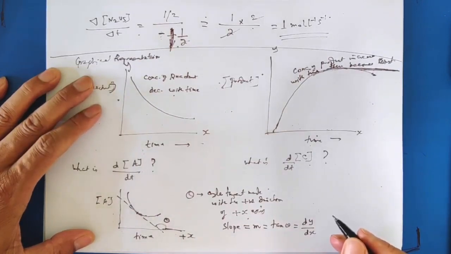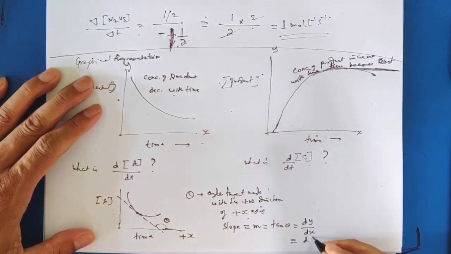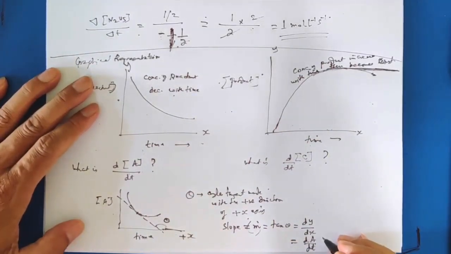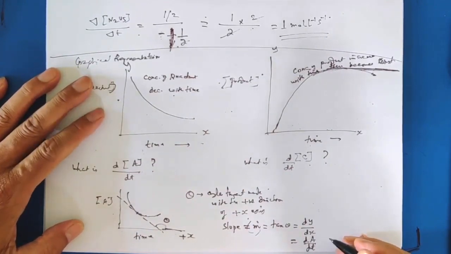And this is exactly dA by dt. Slope is given by m, and the tangent is exactly dA by dt.